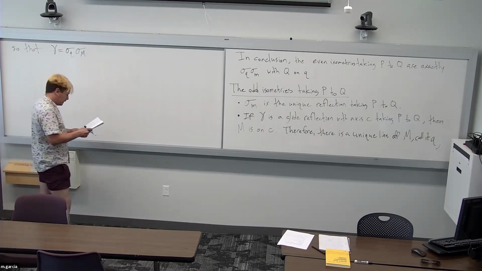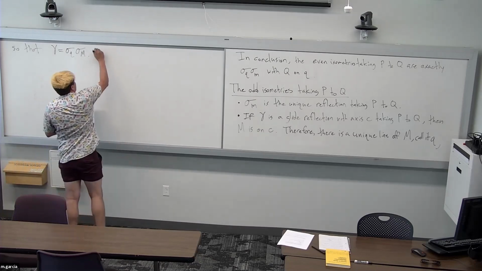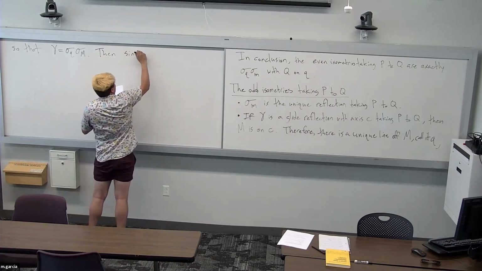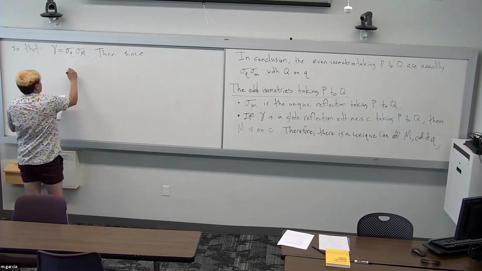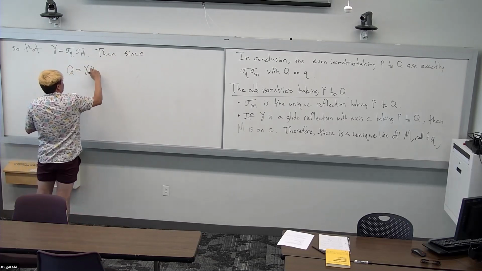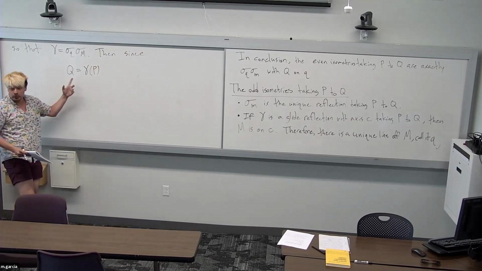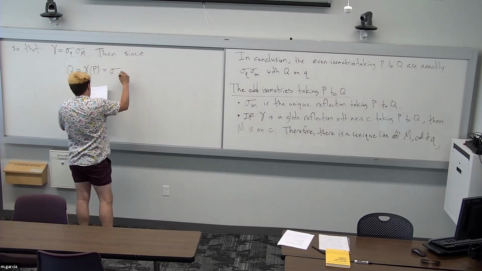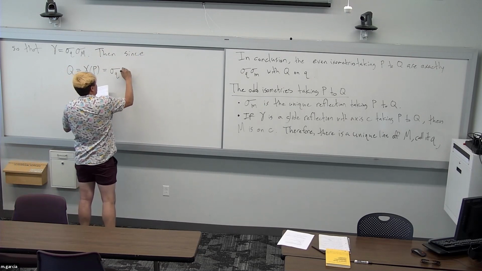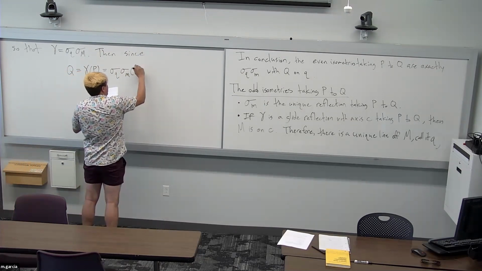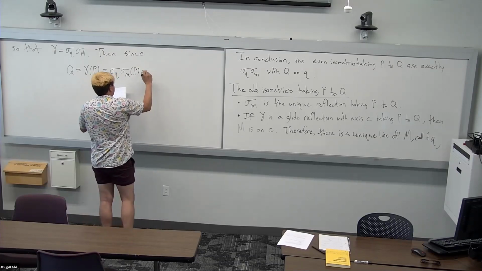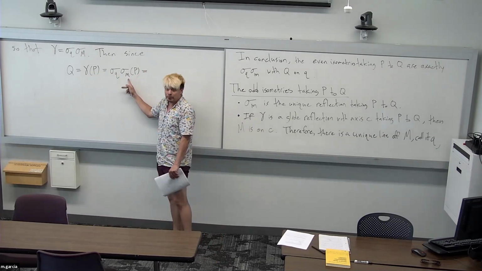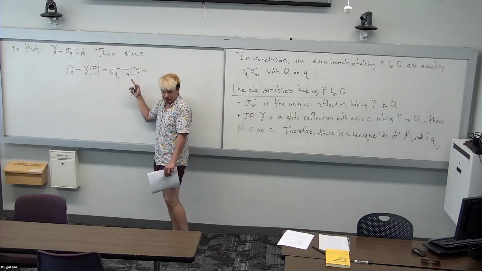Okay. Then, since we have the following computation, Q is equal to gamma of P, our assumption that gamma takes P to Q. Now, changing this to our reflection half-turn factorization, the half-turn about the midpoint of PQ takes P to Q, right?